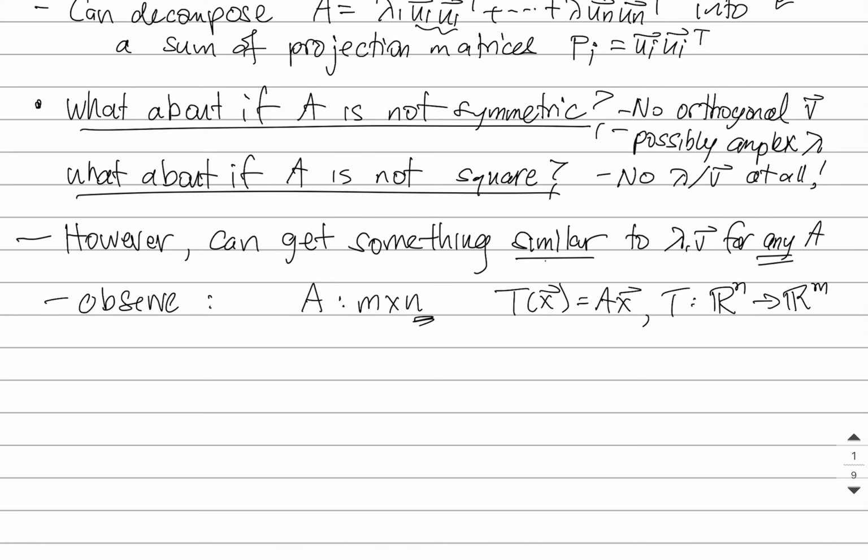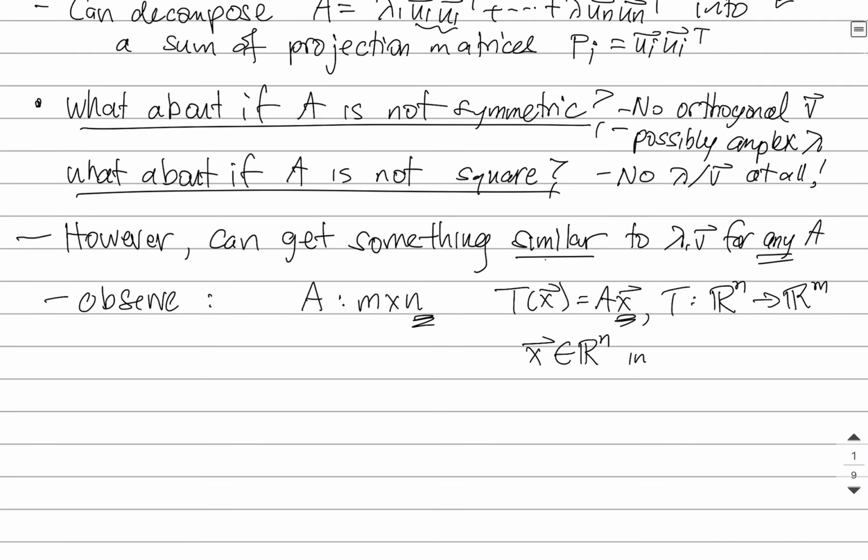When our matrix has n columns, the input vector has to have the same number of entries. So the vector lives in Rn, which you can think of as the input space, and Ax is a vector that lives in Rm, the output space.